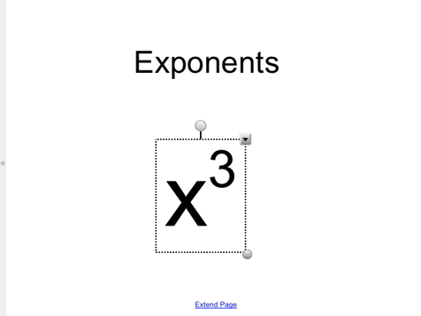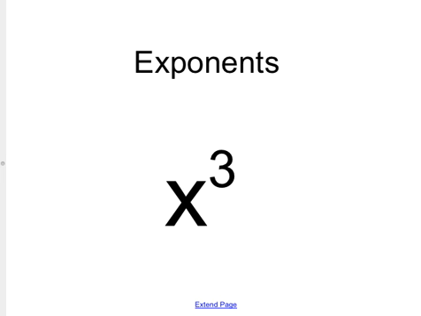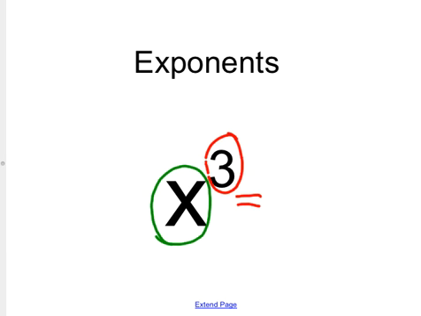All right, let's look at this. Here we have x to the exponent 3. So this is, again, equal to the base, which in this case is x, and the exponent, which is equal to 3, times itself 3 times. So if I was to write this, it would be x times x times x.